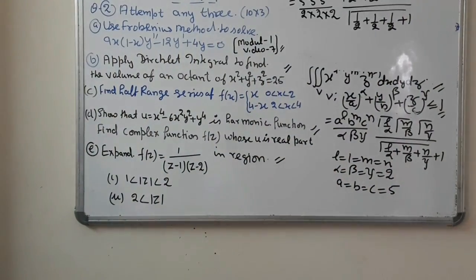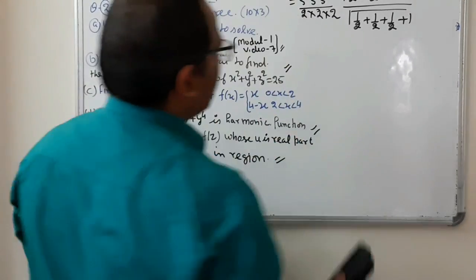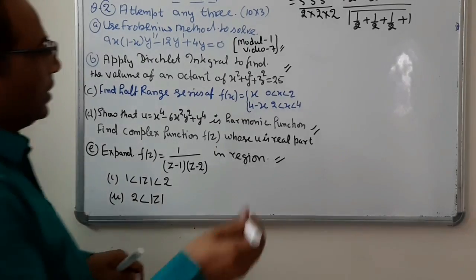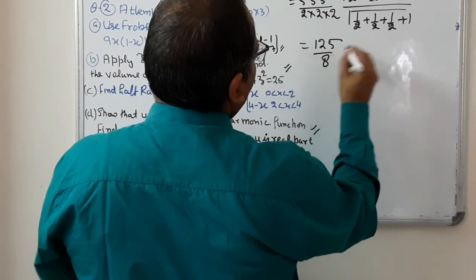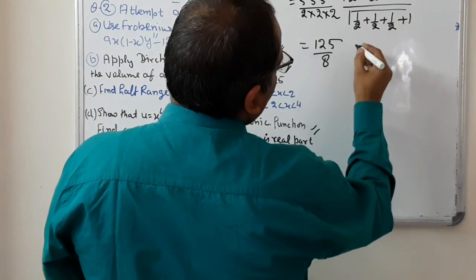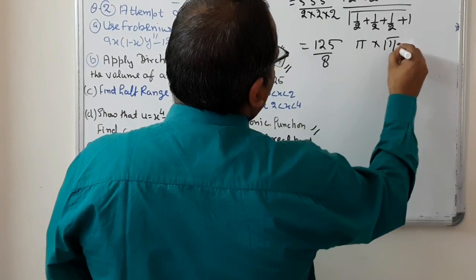Just solve the gamma function and we will find the answer of this question. Solving this, we get 125 upon 8, gamma 1 by 2 into gamma 1 by 2, that is pi, into gamma of 1 by 2.